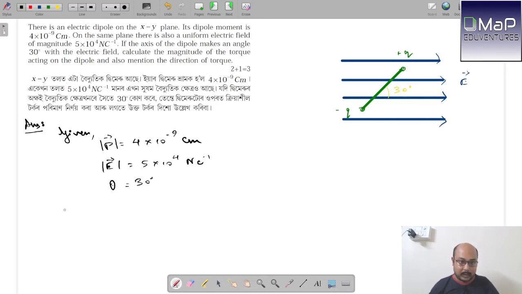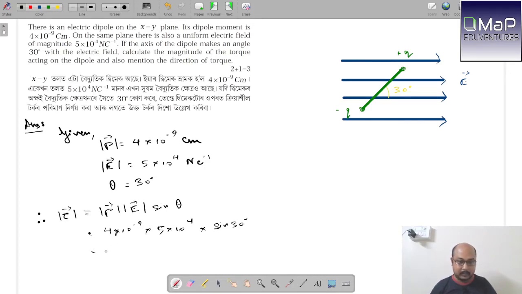Therefore, the expression for magnitude of torque is p cross E. The magnitude of torque is magnitude of p times magnitude of E times sine of the angle between p and E. So it is simply putting in the values: 4 into 10 to the power minus 9 into 5 into 10 to the power 4 into sine 30 degree.